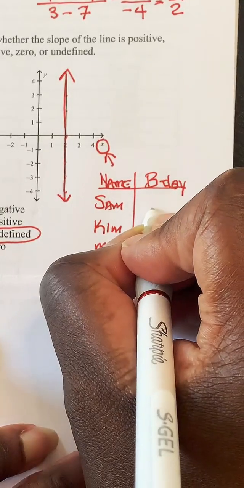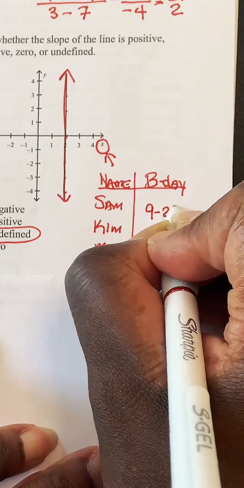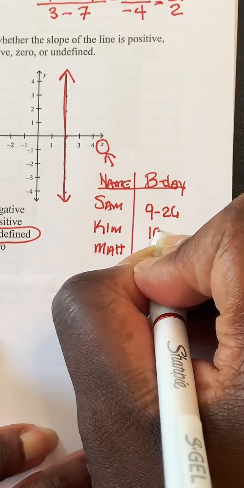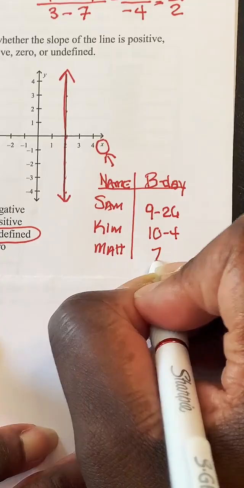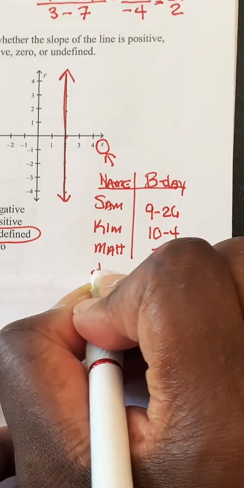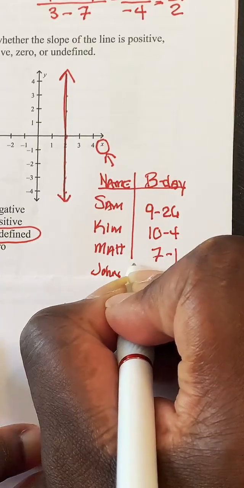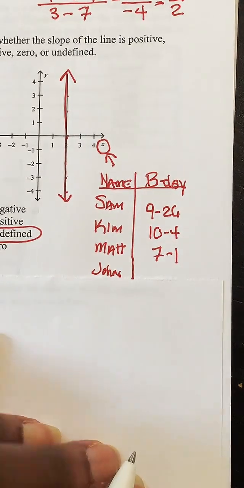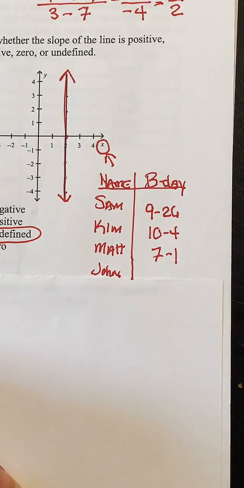And let's say we have like 9/26, we have 10/4, and 7/1. And I'll put John in here. Why not? Let's just throw John in. Now, when it comes to birthdays, let's just be logical for a second. Is it possible for multiple people to have the same birthday?